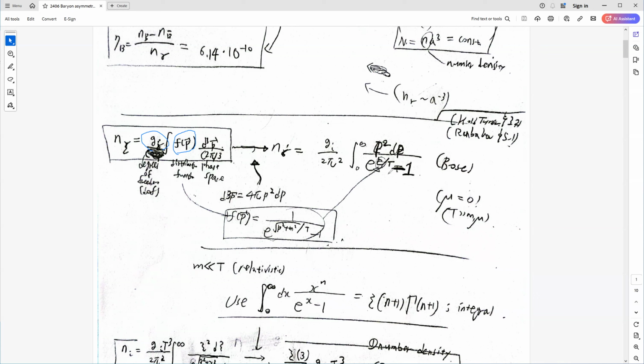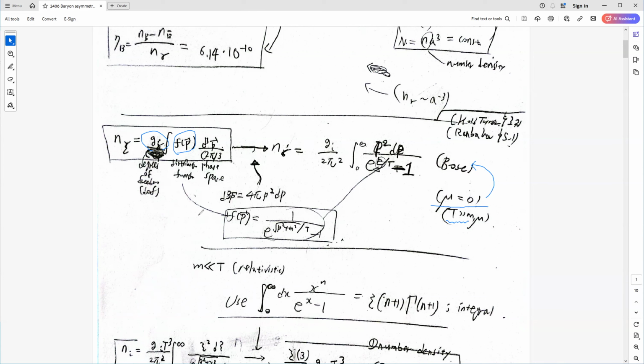In the Bose-Einstein statistics case, the distribution function is given by 1 over exponential E over T minus 1. We will assume that the chemical potential is equal to 0 in this Bose-Einstein statistics. And we will consider the relativistic case, so the temperature is larger than the mass.